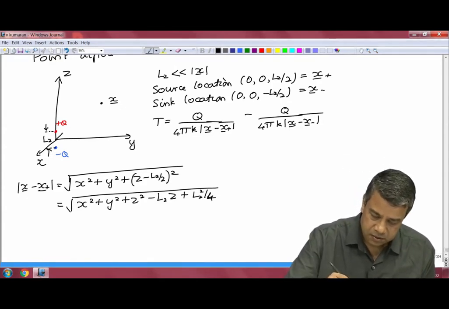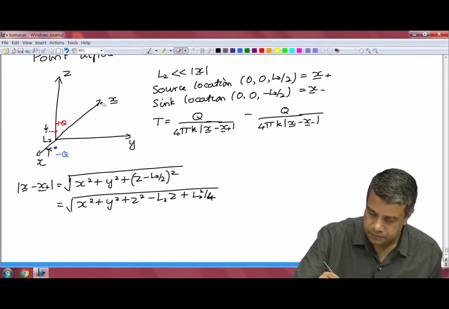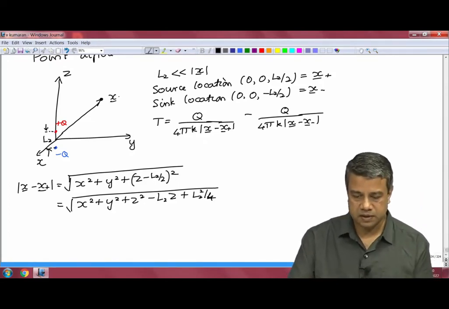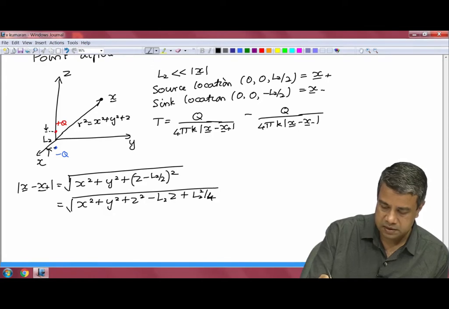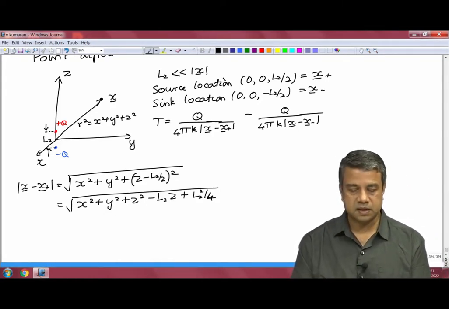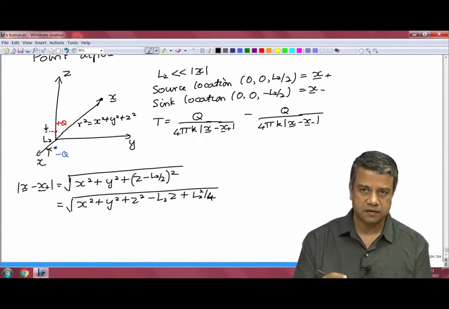In a spherical coordinate system, this r square is equal to x square plus y square plus z square. If I take the distance from the origin as r, then r square is equal to x square plus y square plus z square, that is the coordinates of the location of the observation point.